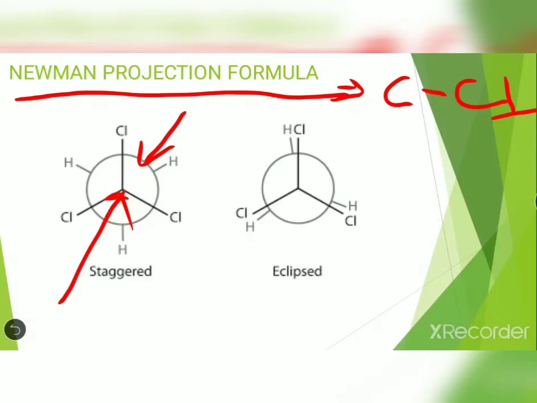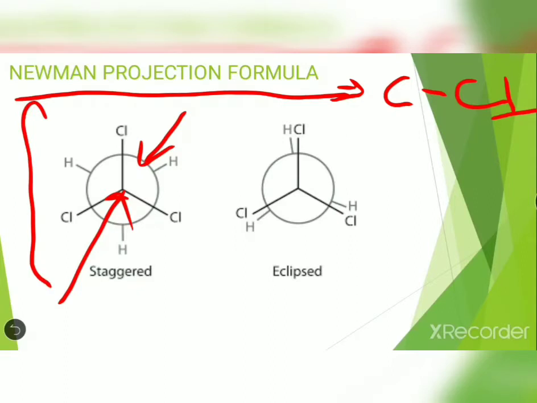Due to the rotation about the single carbon-carbon bond, the groups on the adjacent carbons can assume different relative positions, resulting in different conformations. The molecule has two conformations called staggered and eclipsed form, which can be represented as follows.